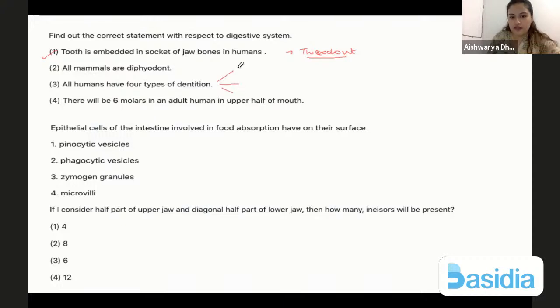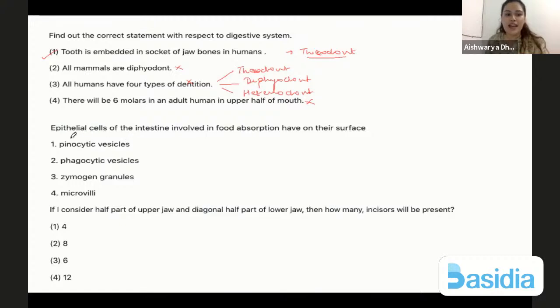So only 3 types, not 4. This is also incorrect. And last, there will be 6 molars in an adult in the upper half of the mouth. In the upper half of the mouth, there are only 3 molars on each side. There are no 6 molars. One side has 3 molars, the other side has 3 molars, and the lower jaw also has 3 on each side. So this is also incorrect.